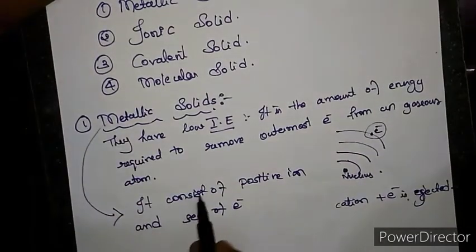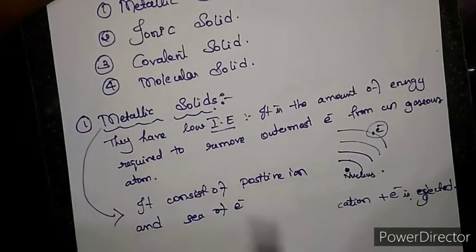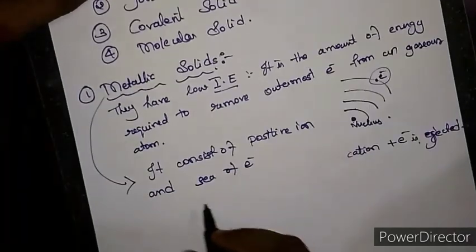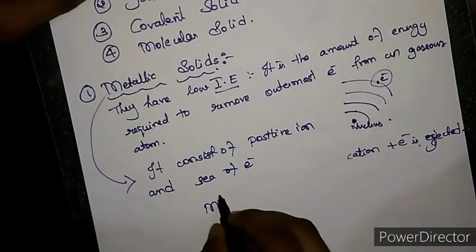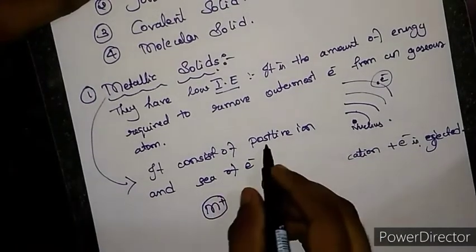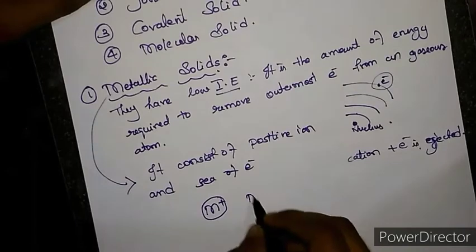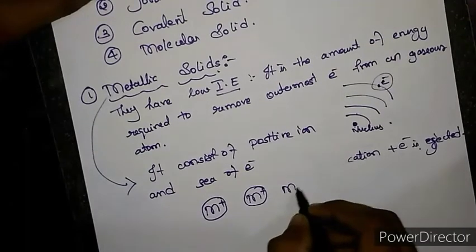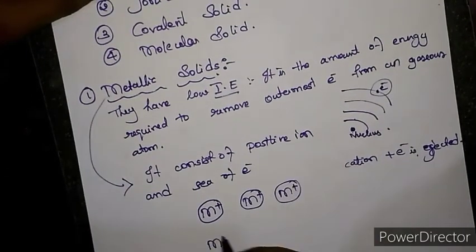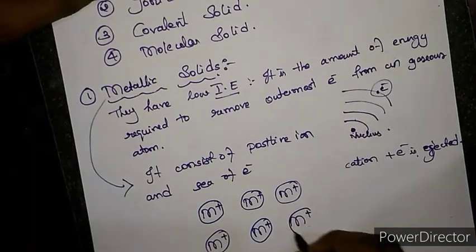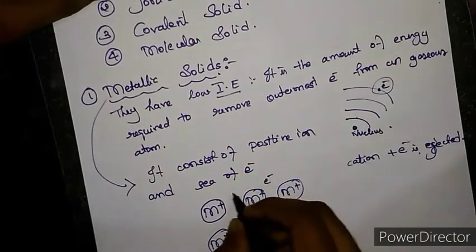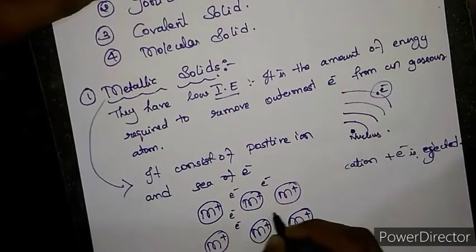Metallic solid means it consists of positive ions and a sea of electrons. I just represent the metallic solid like this. I am writing M plus because I am representing a positive ion, and there are many M pluses in the metal. And the electrons will be present in the solid like this.